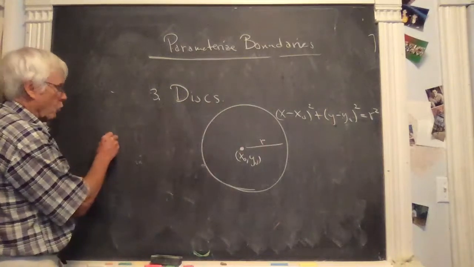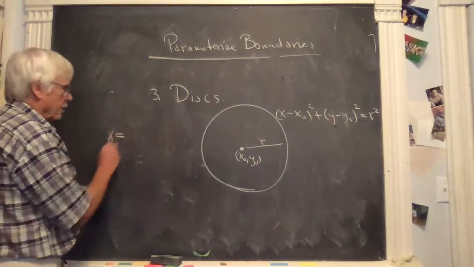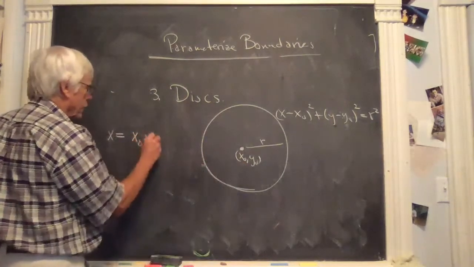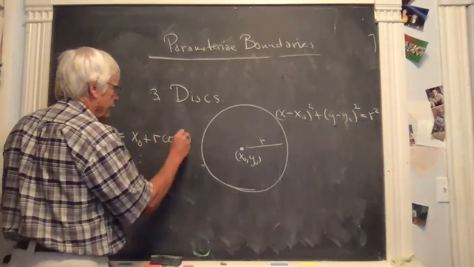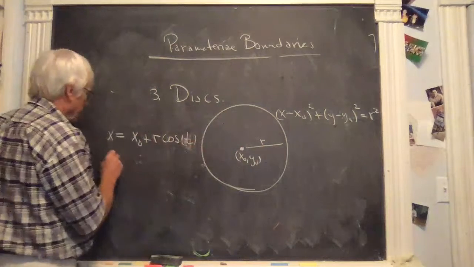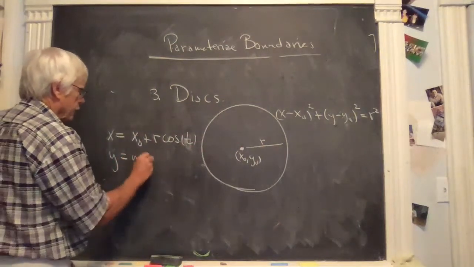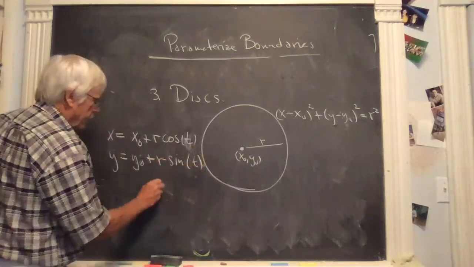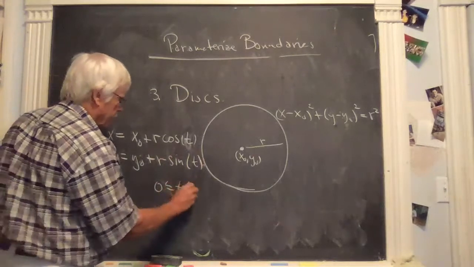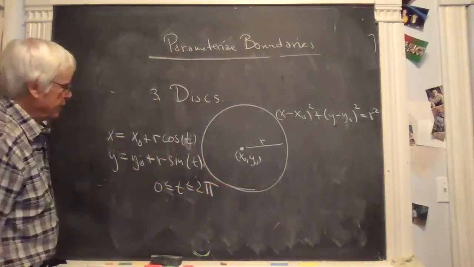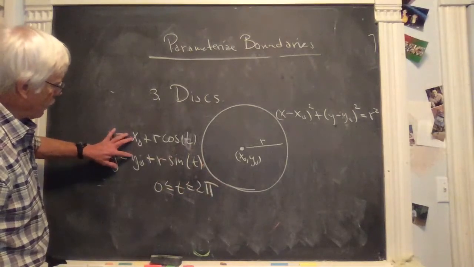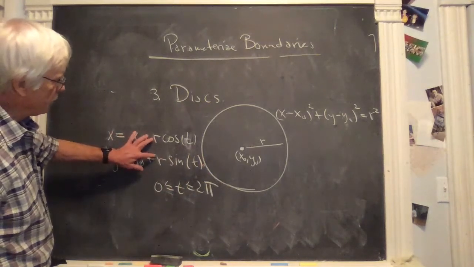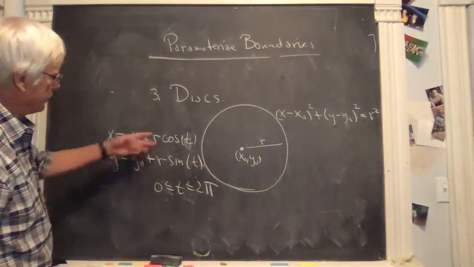You can take your x coordinate to be equal to x naught plus r times the cosine of t, or theta, and y to be equal to y naught plus r times the sine of theta. And if you want the full circle, 0 less than or equal to t less than or equal to 2 pi. So you begin at x naught, y naught, and then the rest is similar, but instead of just cosine theta, sine theta, you have an r.